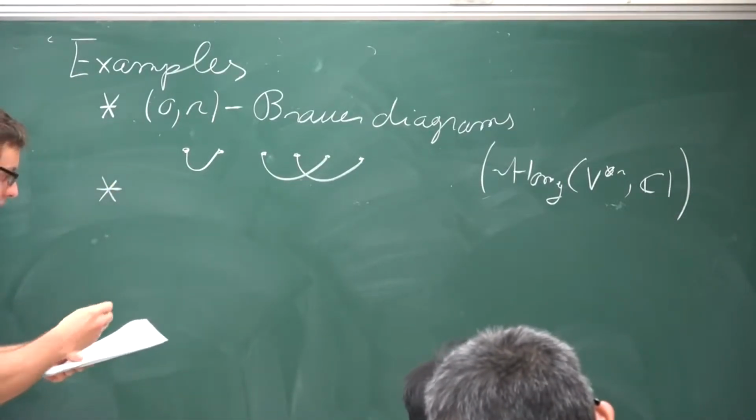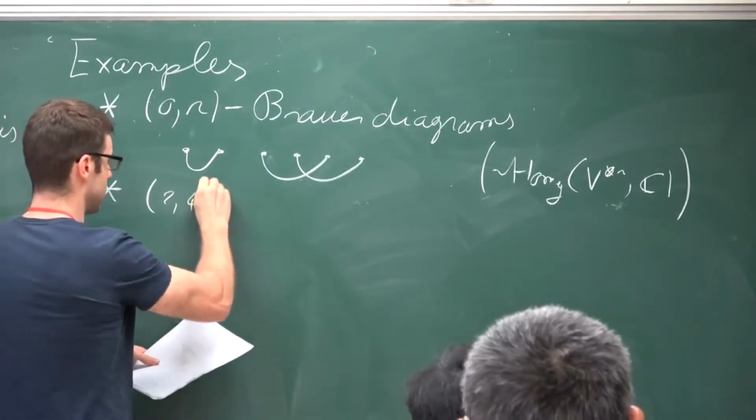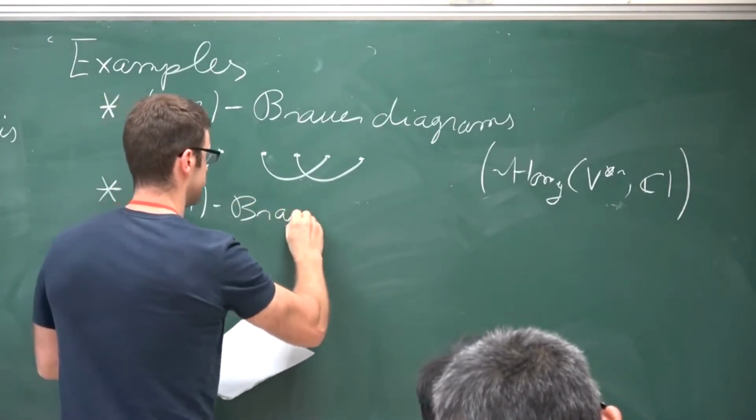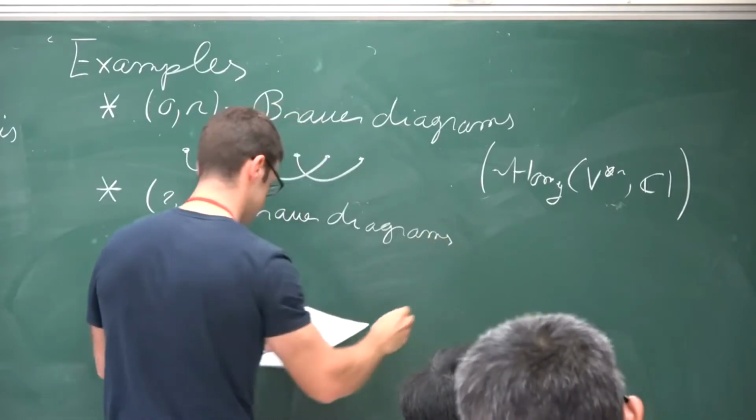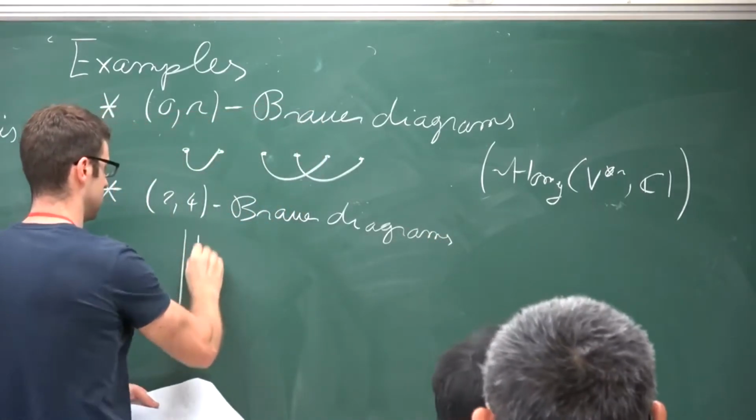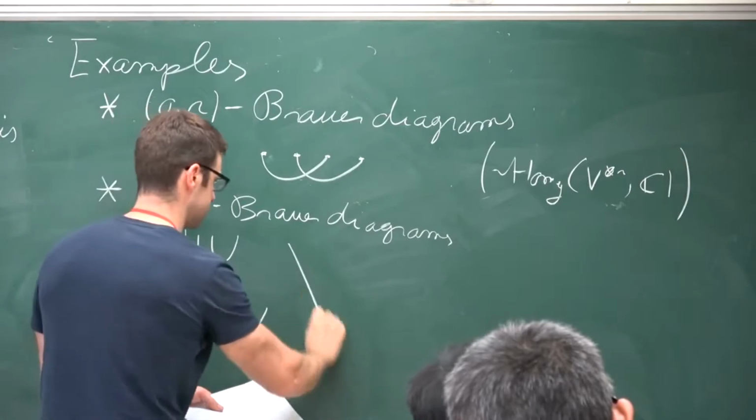More generally, for instance, 2,4 Brauer diagrams. Some examples are given by this.